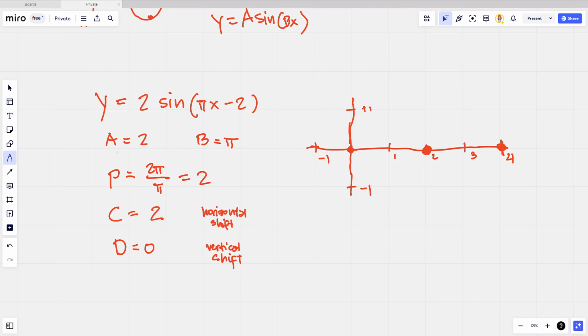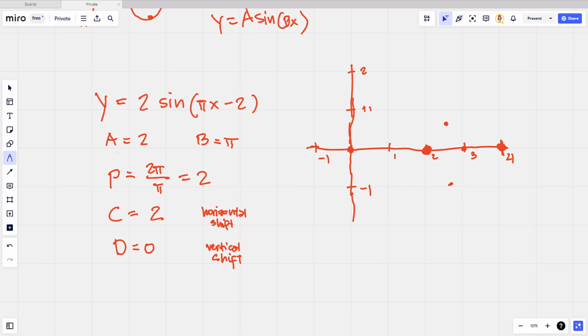So here, the midpoint is 3, as we can see in the graph. To indicate where we go first, whether we go up or down, whether we have a maximum or a minimum first, we need to identify a. That a is already identified, which is 2. Since the amplitude is 2, we should have 2 here.